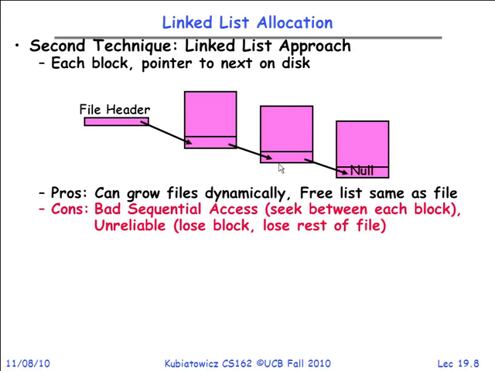And by the time you do that, the disk has rotated past the next block. So in order to really make this work well, you'd have to alternate blocks and make sure you were far enough ahead so that, by the time you figured out what block you wanted, it hasn't rotated past you. And the other problem, of course, is that this is a little bit unreliable because if you lose one block, you're toast, because all the rest of the file is gone.